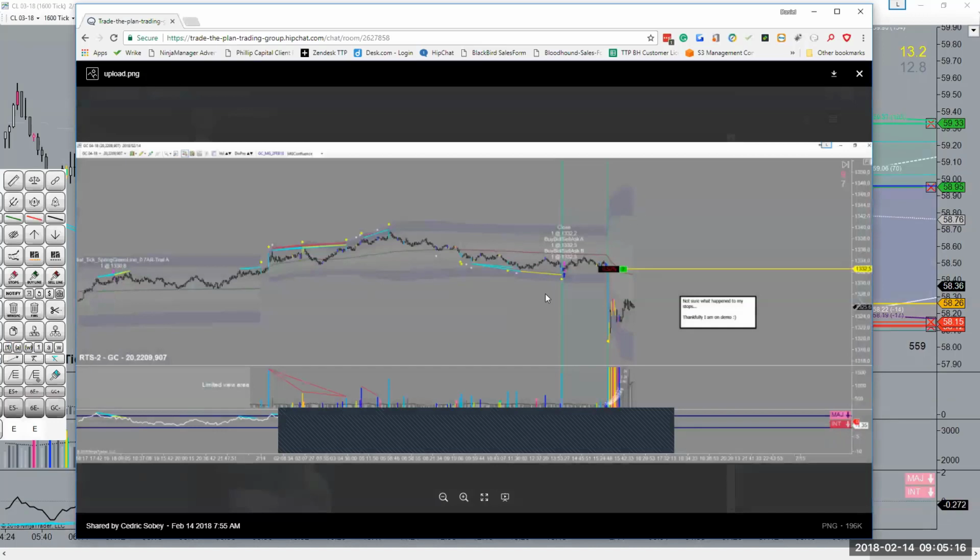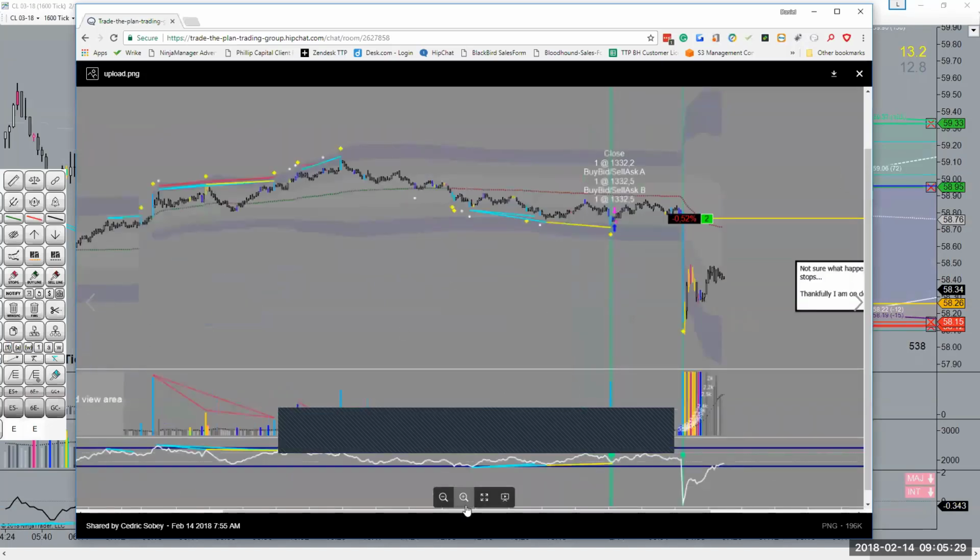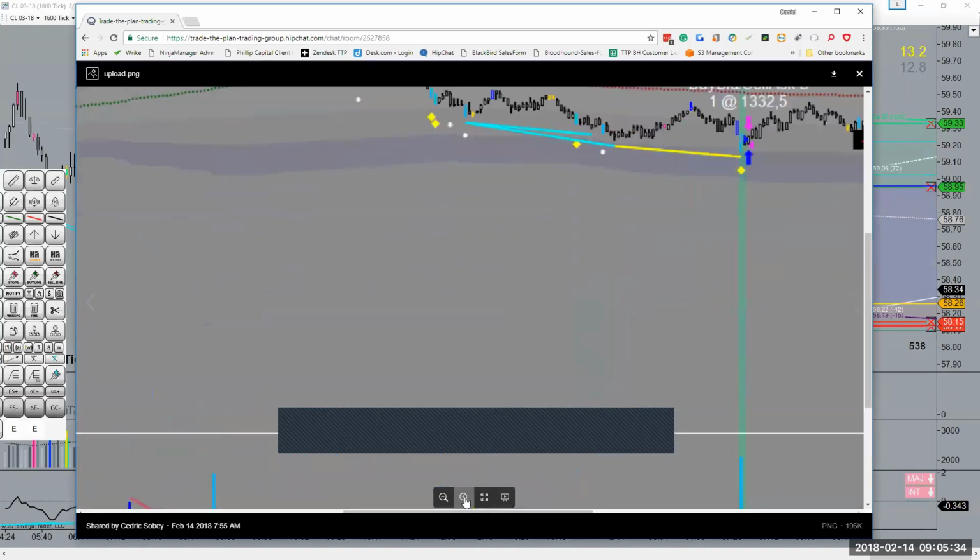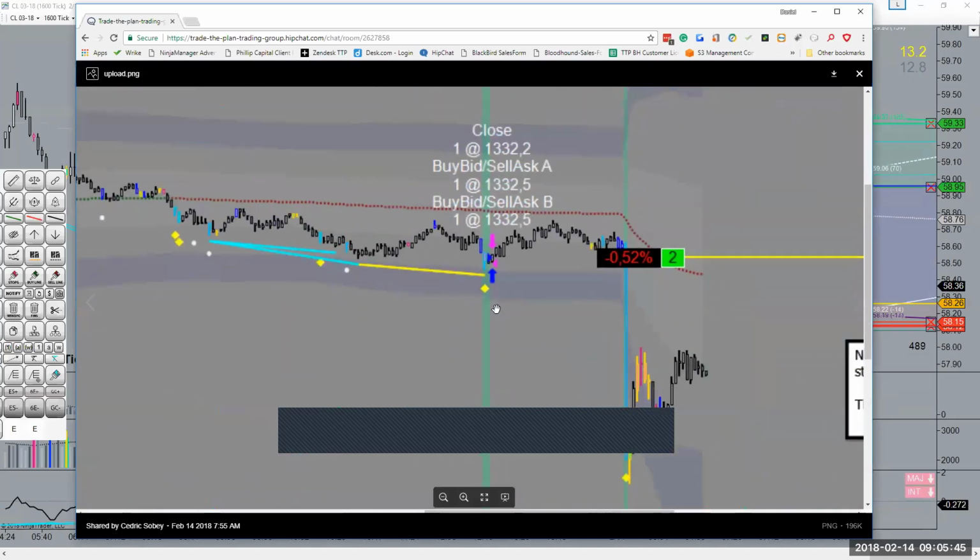Looks like you hit the close button right here, and it immediately entered long. That's a bit of a strange thing. Looks like it hit close and then went long, or no, I can't tell the order of that. It's all in the same bar. So that's kind of a funny one.